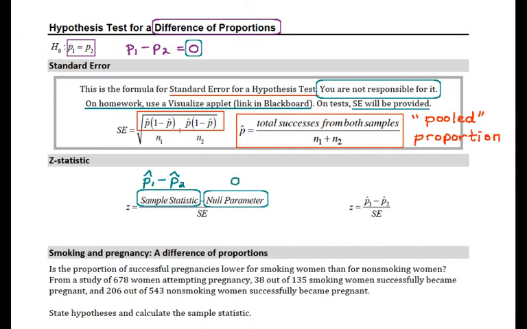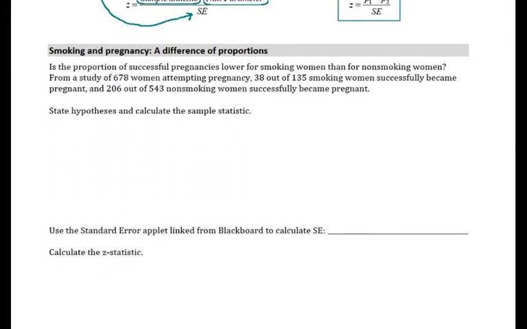And then that standard error really comes from this formula we just talked about, or it comes from that standard error calculator that we have a link to in Blackboard. So when we put all of this together, we get a simple formula for our z-score. It's p1 hat minus p2 hat minus 0, which we don't have to write, and then divided by the standard error.